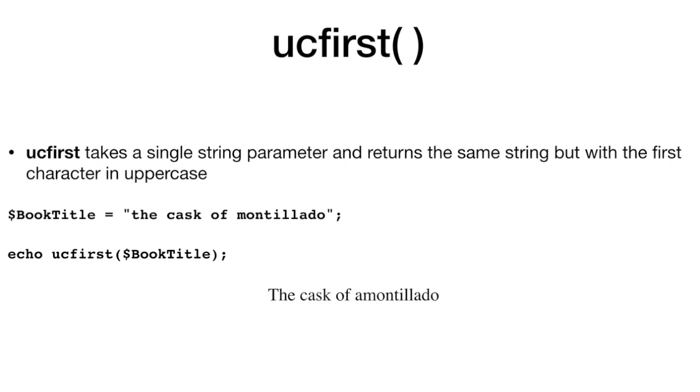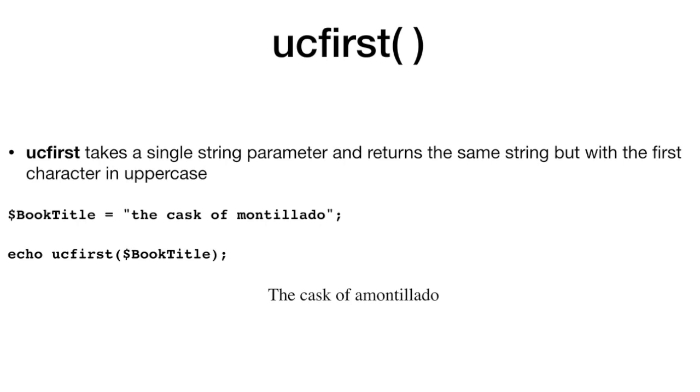ucfirst takes a single string and returns the same string but with the first character in uppercase. So here in variable book title, it's the cask of Amontillado all in lowercase.